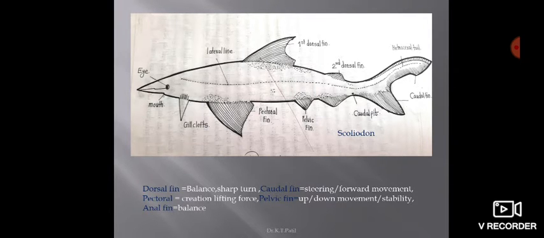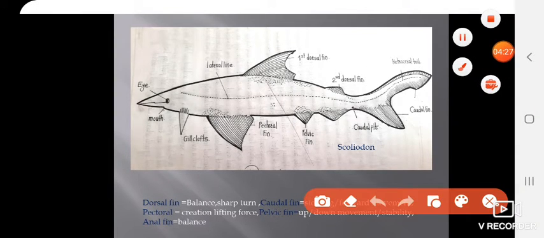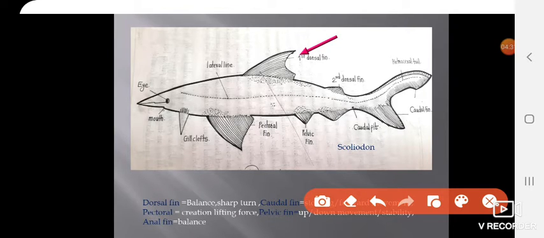Now their roles. The dorsal fin is large in size in all fishes and helps with balance as well as sharp turns. Then the caudal fin or tail fin acts like a steering and also helps with forward movement in water.